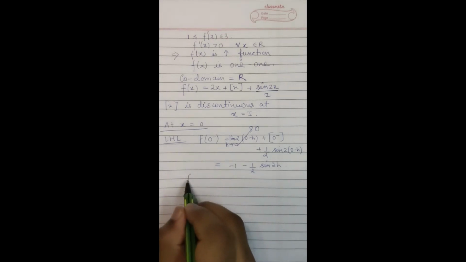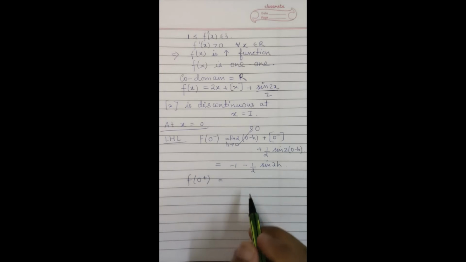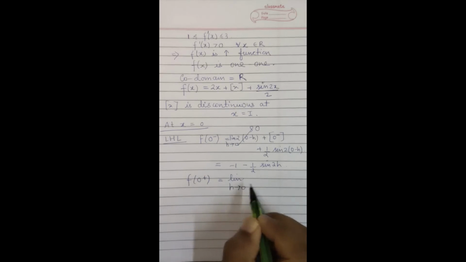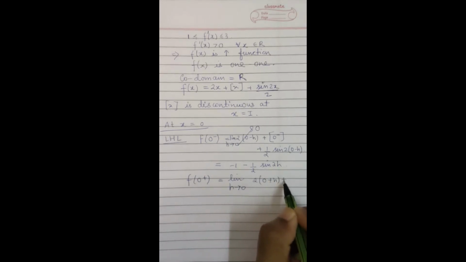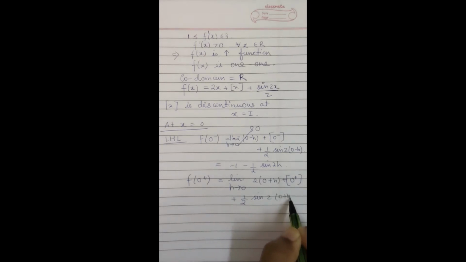For 0 plus, I will see the limit h tends to 0 of 2(0 + h) + [0 + h] + 1 by 2 sin 2(0 + h).